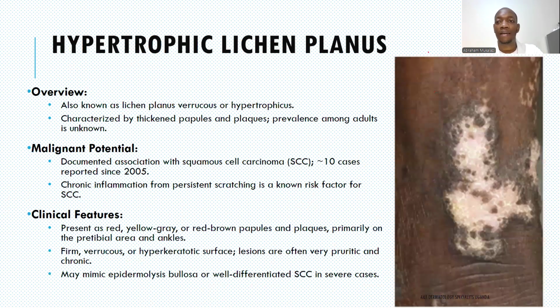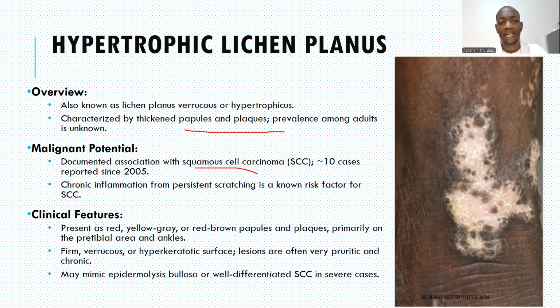Then we have hypertrophic lichen planus, which is usually seen on the lower limbs, or the upper limbs, with very thick papules and plaques. There's also an association of hypertrophic lichen planus with squamous cell carcinoma.